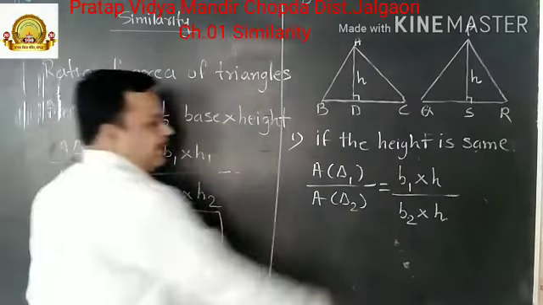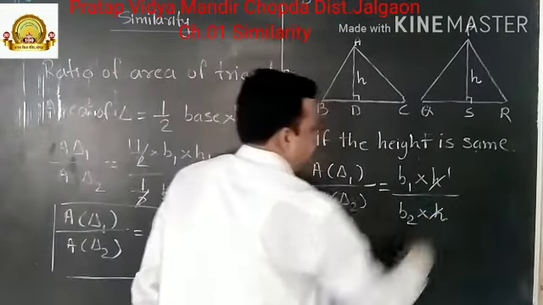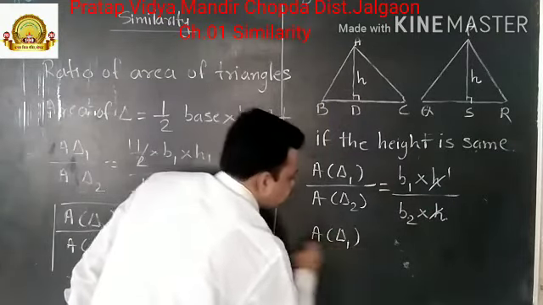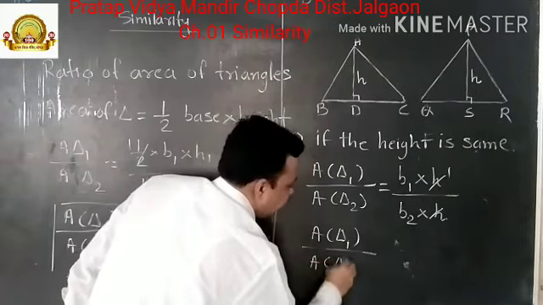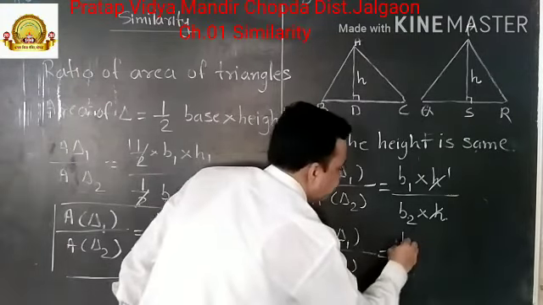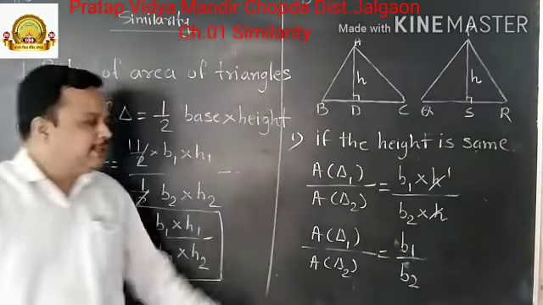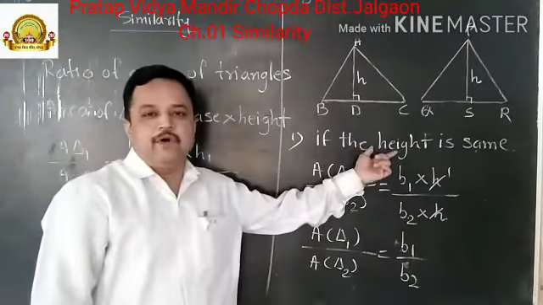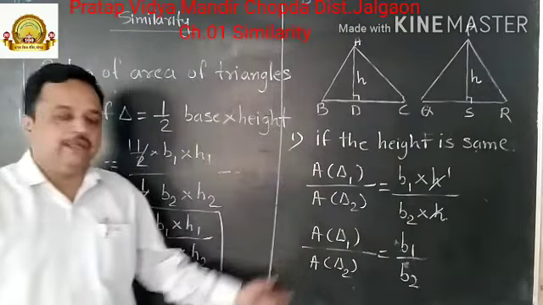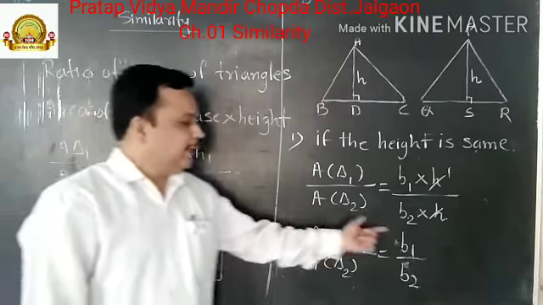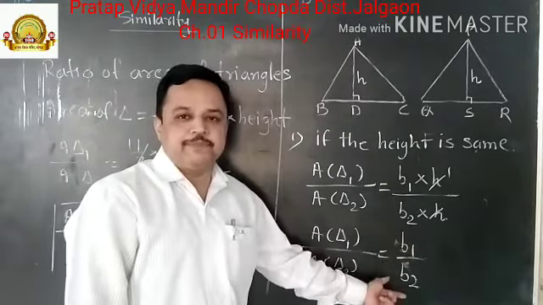Now in this formula, H and H get cancelled and we get area of first triangle upon area of second triangle is equal to B1 upon B2. It means if the height is same, then the ratio of the areas of two triangles is equal to the ratio of their corresponding bases.